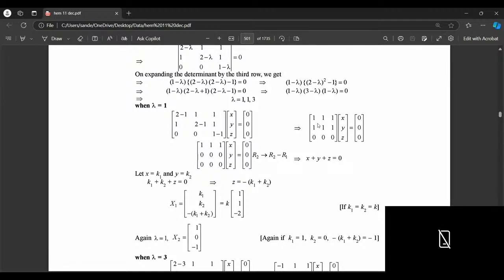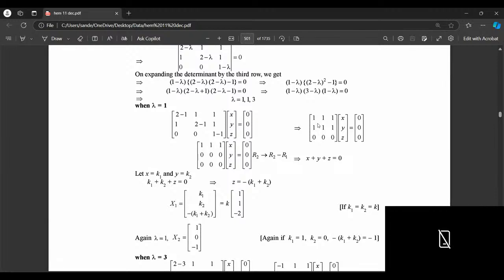We know eigenvectors are not unique. So in this case, first eigenvector x1 is 1, 1, minus 2. For the same eigenvalue, second eigenvector 1, 0, minus 1.